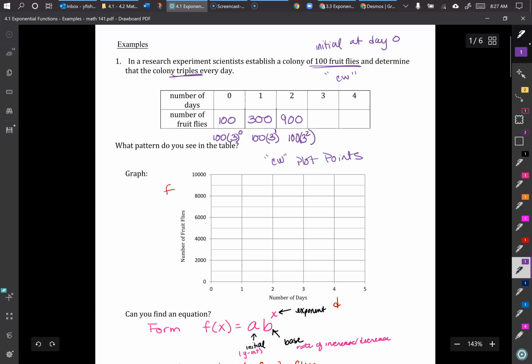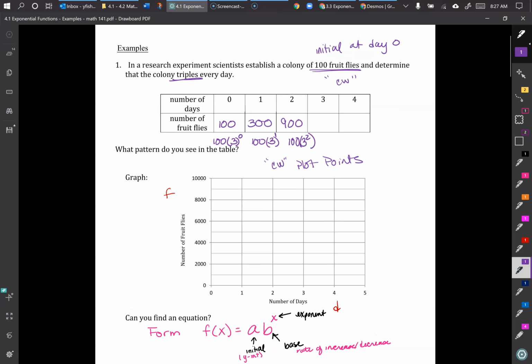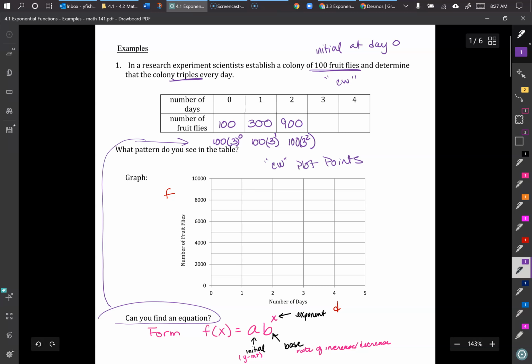Our number of flies is F, and our exponent is D. We're thinking of the same pattern I used above to track what our equation might be. Can you figure out, based on this pattern, what an equation might be that you could set up? Go ahead and just try that. If not, come back and check.